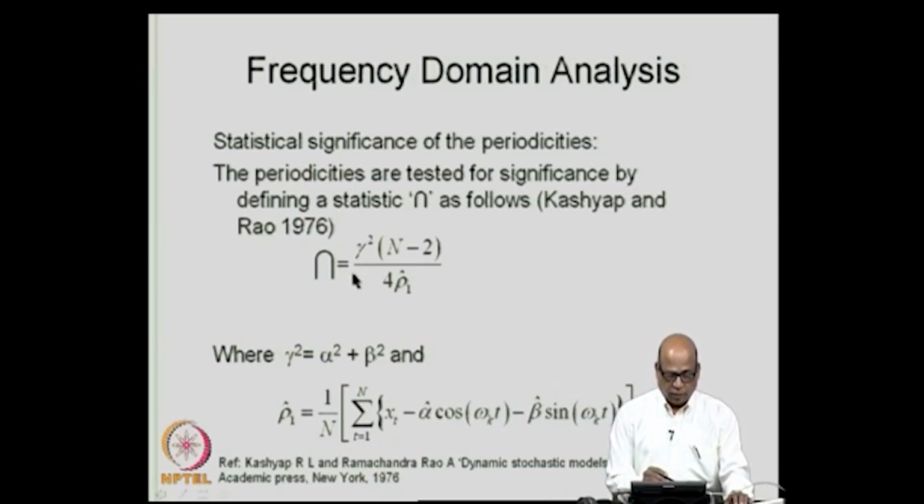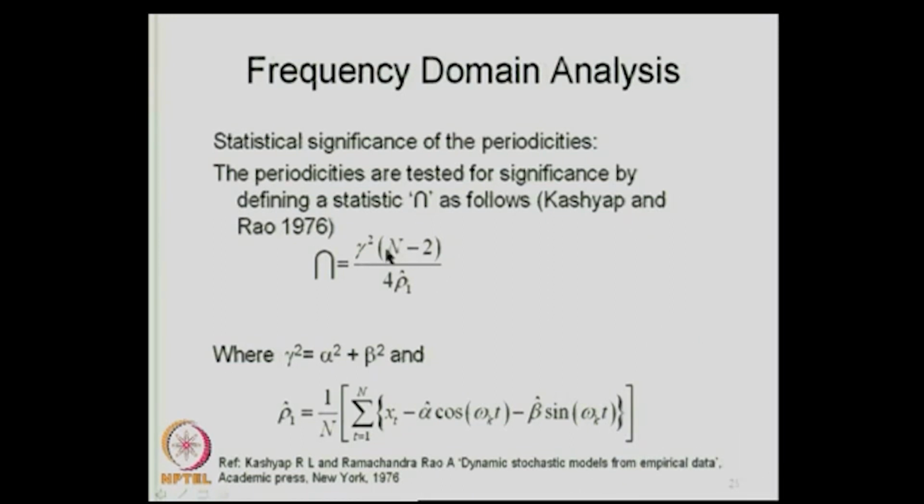We introduce a statistic gamma square n minus 2 by 4 rho 1 cap. This is given by Kashyap and Rao 1976, the reference is here. So, gamma square is alpha square plus beta square, and rho 1 cap is estimated by this.